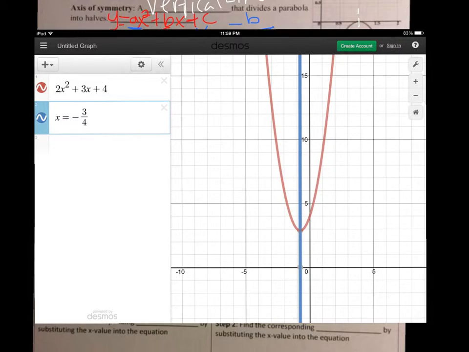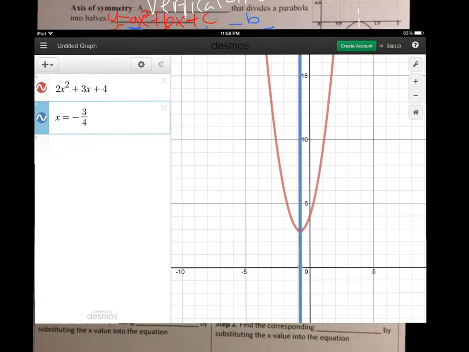When you get there, you can graph 2x squared plus 3x plus 4, which gave us this maroonish parabola. Then you can also graph your axis of symmetry, x equals negative 3 over 4, which gave us this blue line going straight down the parabola. So it looks like we are correct. This blue line does cut the parabola right in half.